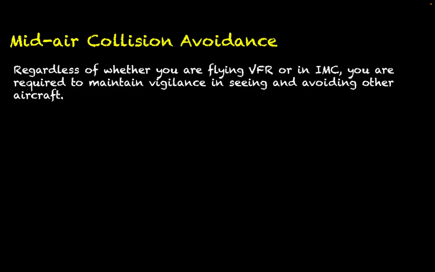You can't necessarily just rely on information that you're getting from radar or from ATC or any other sorts of technologies on board your aircraft that detect other airplanes and give you a heads up. It's still best practice for you to use your eyes to look out of the cockpit and spot other aircraft and do what you need to do to avoid them.